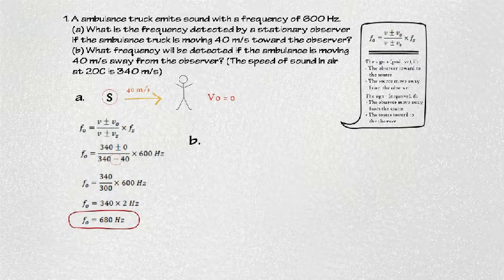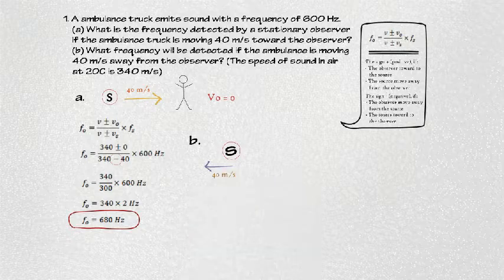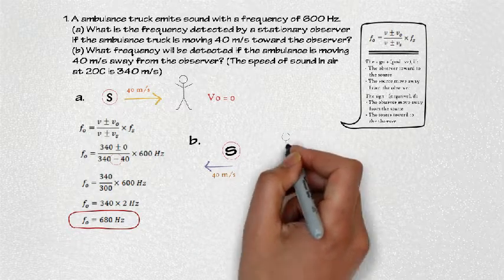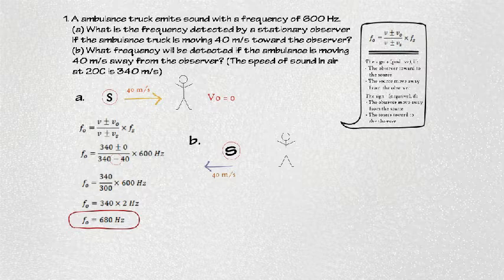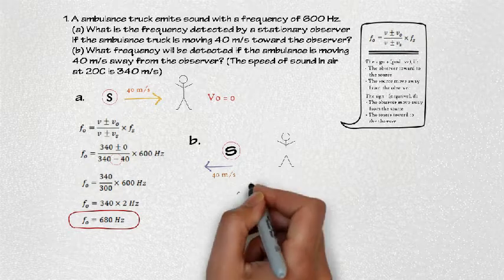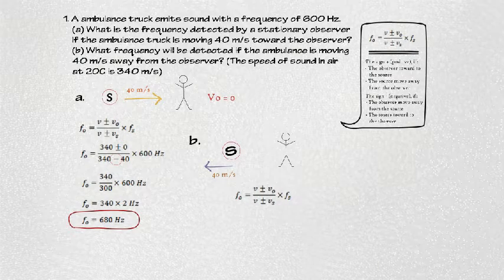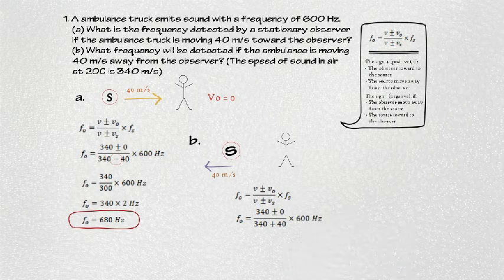For point B, the source is moving away from the observer. The velocity is 40 meters per second. To calculate the frequency of the observer, we use the same formula.